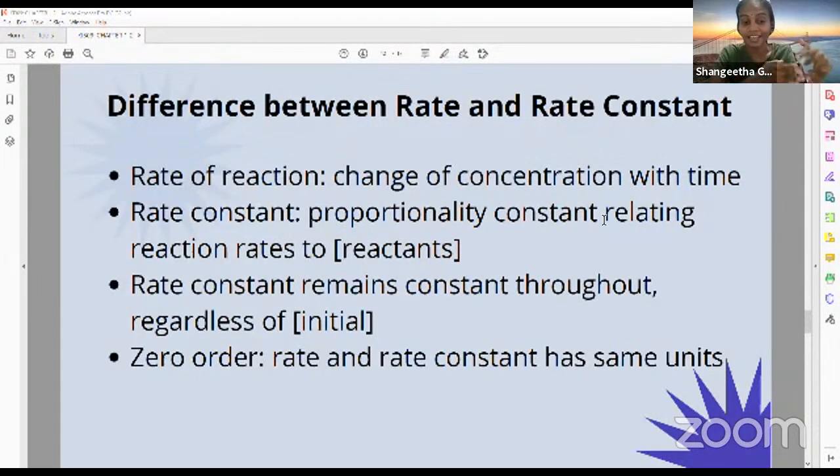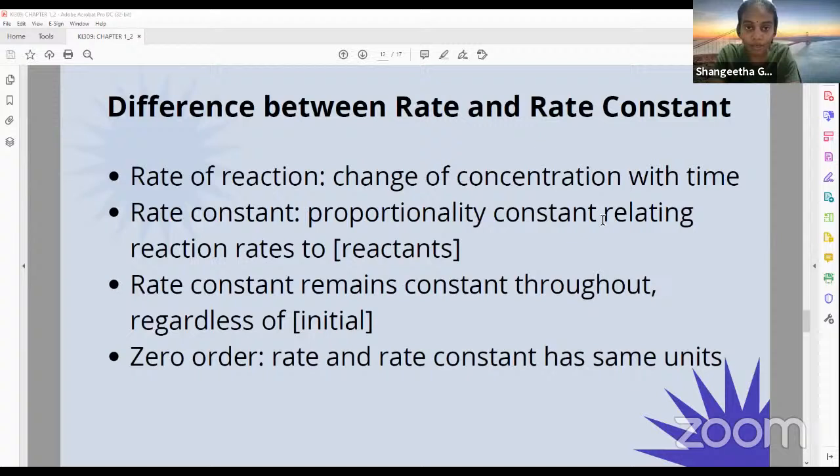Your rate constant will always remain constant. Regardless of your initial concentration, your rate constant will be the same, because it is the rate of reaction divided by the reactant concentration.